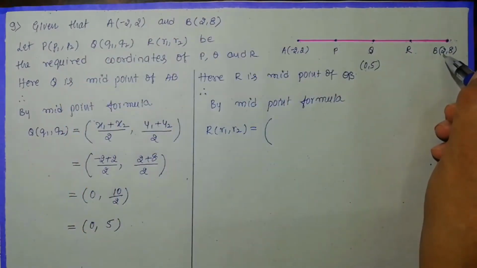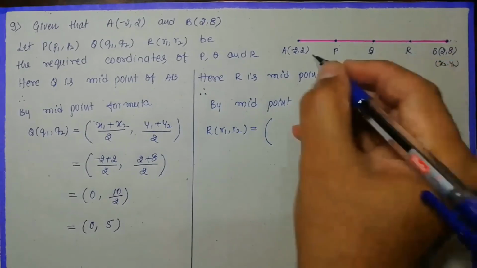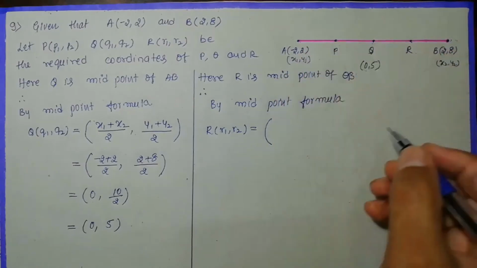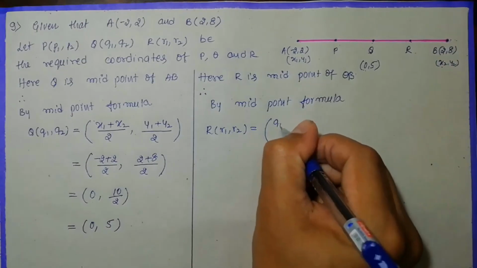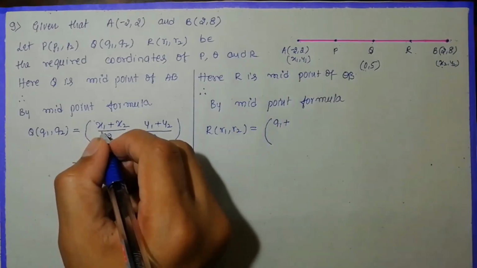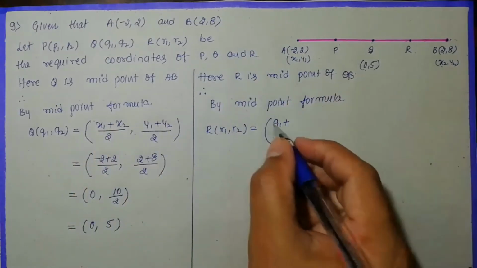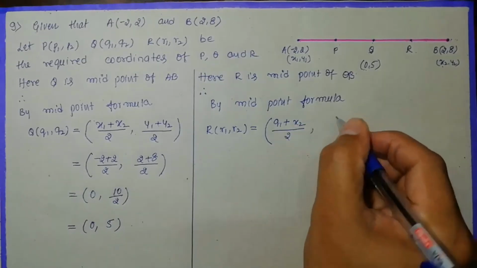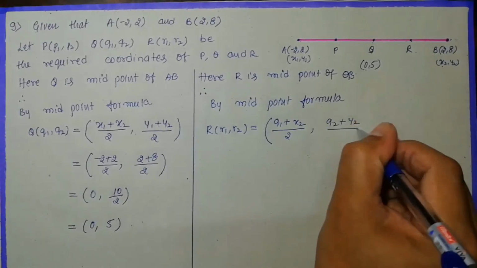Here I'm going to consider this one as (x2, y2) and this one as (x1, y1). If you write the same formula, even though it is correct, while substituting you have to substitute (0, 5) in the place of (x1, y1). So (q1 plus x2) divided by 2 and (q2 plus y2) divided by 2.